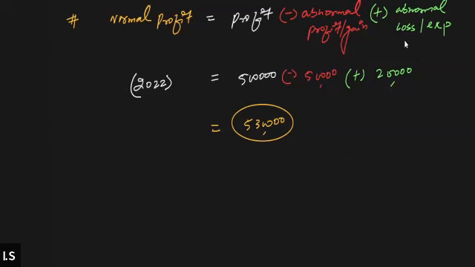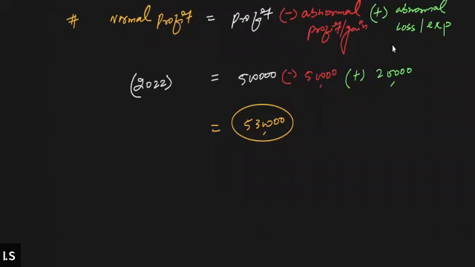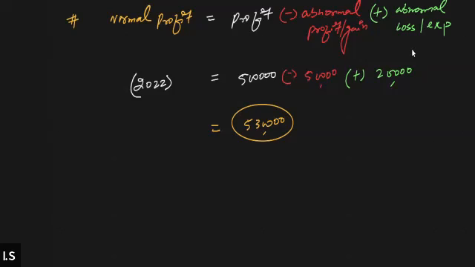So if they've only given the loss, should we add the abnormal profits to it? Just the opposite of this equation. So if the loss is given, we need to add the abnormal profit and subtract the abnormal loss.